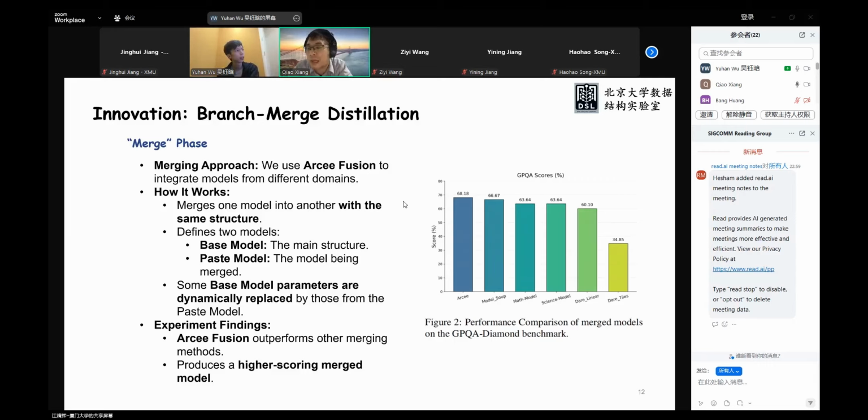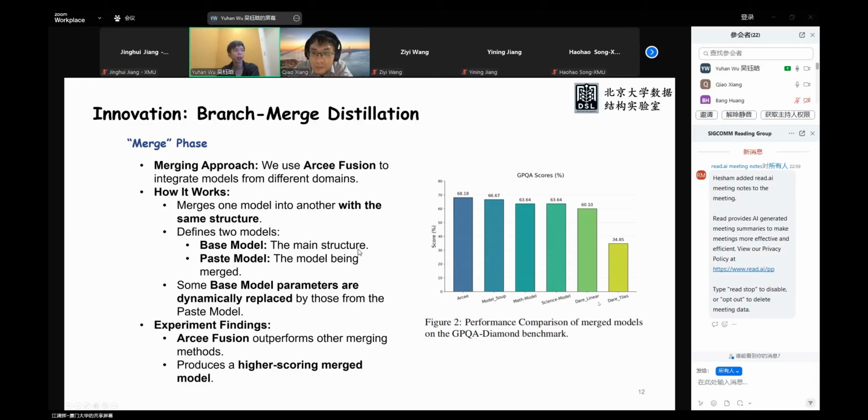What's the rationale behind that? Yeah, actually, we tried many model merge algorithms, as shown in figure 2. The left one is Arcee, and it gets the highest score.